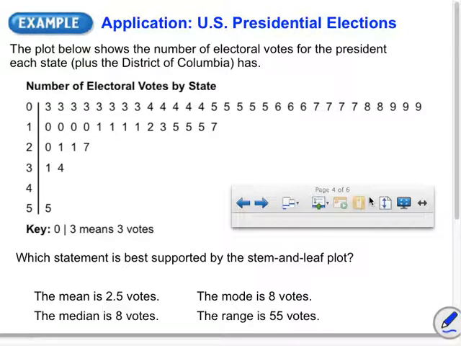What is the mode? Savannah, can you tell me what the mode is? Do you remember what the definition of mode is? Can you tell me what the mode would be from the stem and leaf plot? What do you think it is? Can somebody help her out, remind her what the definition of the mode is?